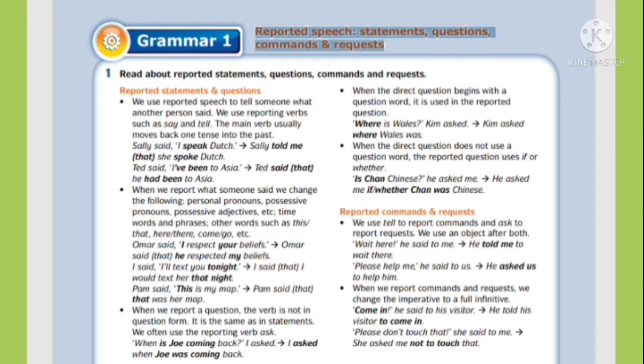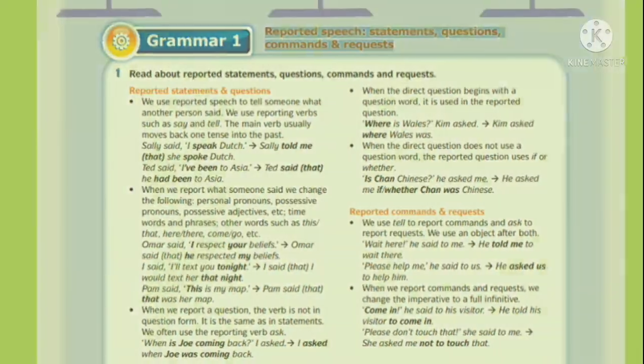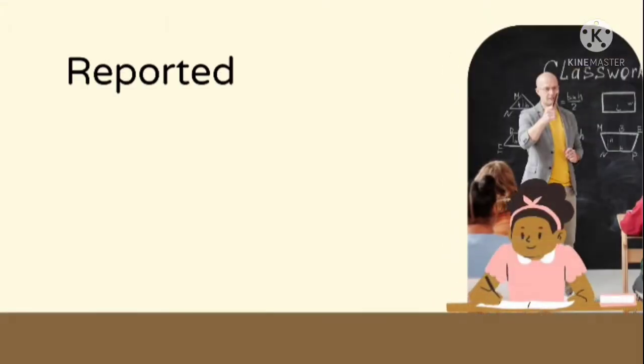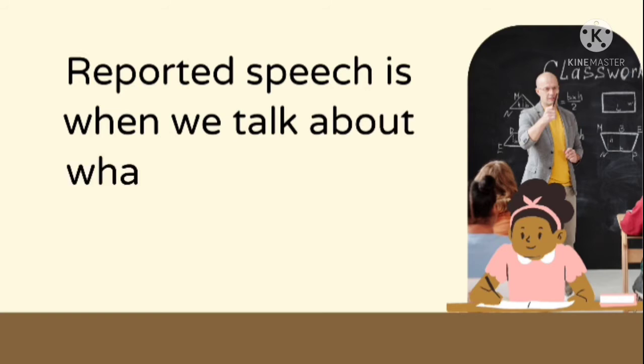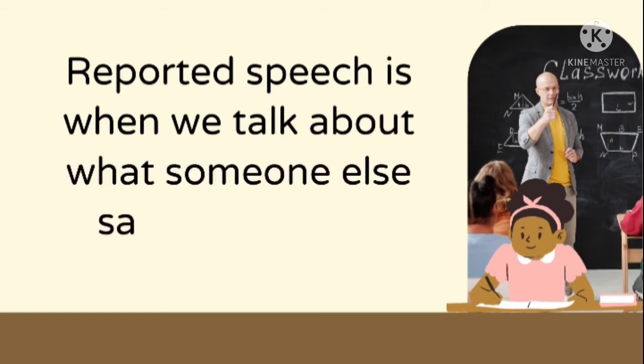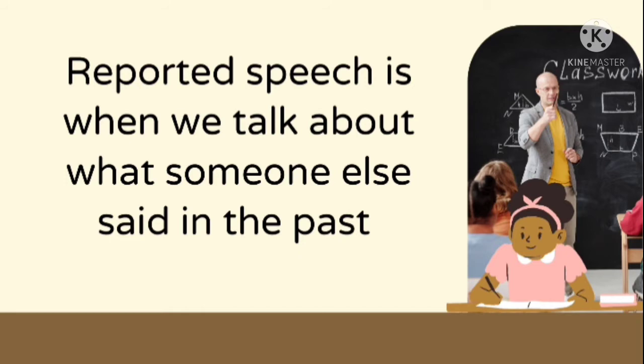So when a question begins with an auxiliary verb, we use if or whether in the reported questions. There are no question marks at the end of a reported question, and the syntax follows that of a statement, not a question. So reported speech is when we talk about what someone else said in the past.